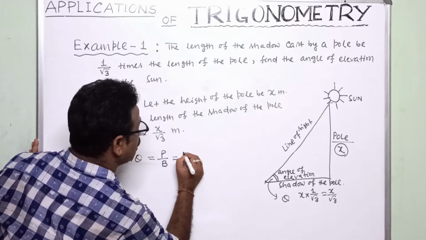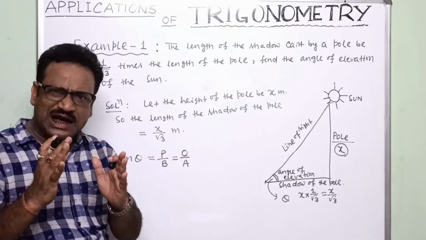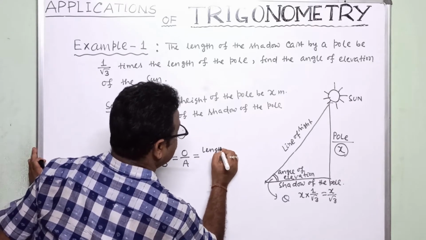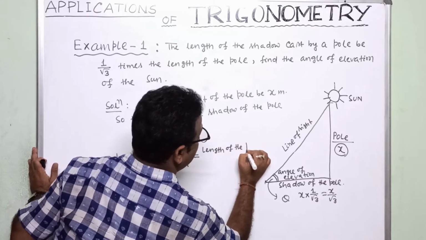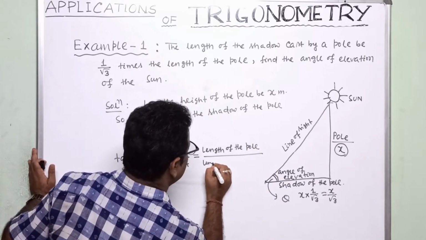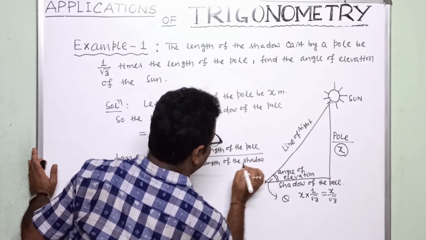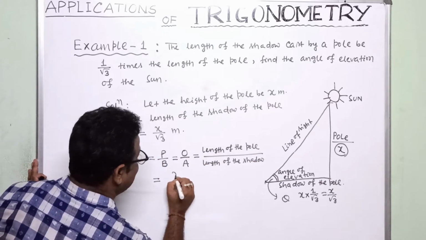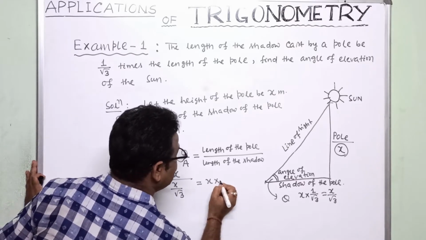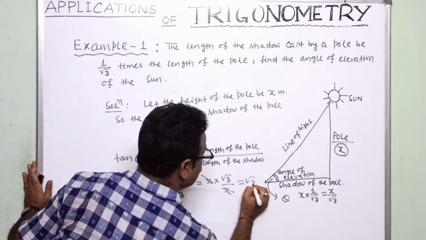Or you can also write opposite by adjacent, P by B or O by A. So what is the length of the pole by the length of the shadow? That is equal to x by root 3, which is equal to x into root 3 by x. So x cancels. That is equal to root 3.